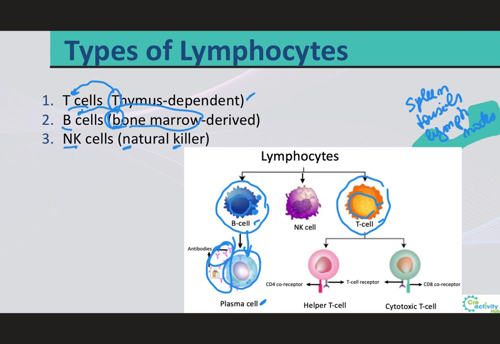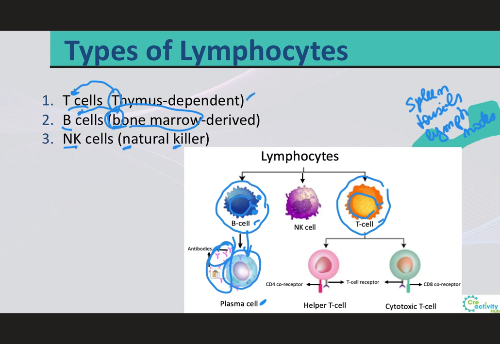With regards to the T cells, they do not secrete antibody, but they will perform a variety of functions in the adaptive immune response because there are several different types of T cells, and they will have the ability to either secrete those soluble factors that will communicate with other cells of the adaptive immune response, or they will go and destroy the cells infected with intracellular pathogens.